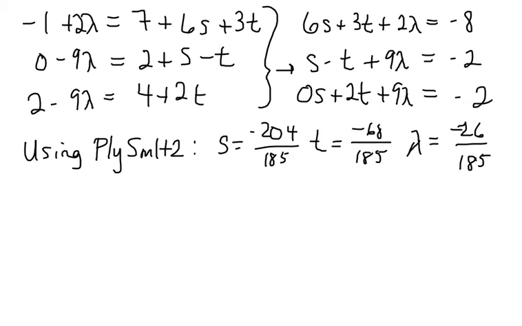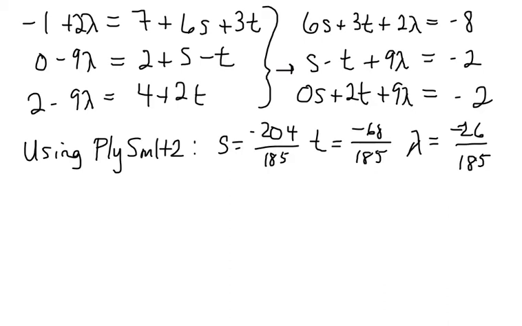Okay, so I went ahead and set each of the components equal to each other. So I have my x, y, z, and then I turned it into a system with all the coefficients on the left and all the constants on the right. And then I used polysimult to solve. Remember, use your calculators. There's no need to go through all the algebra of elimination and such to solve this. Go ahead and use polysimult.